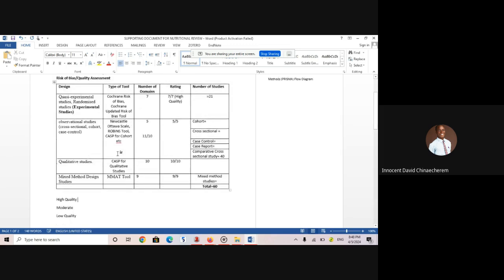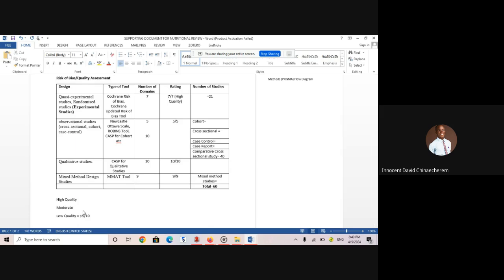To create your cutoff point, you agree that, for example, if we are to use the CASP tool, studies rated less than 5 over 10 are low quality.